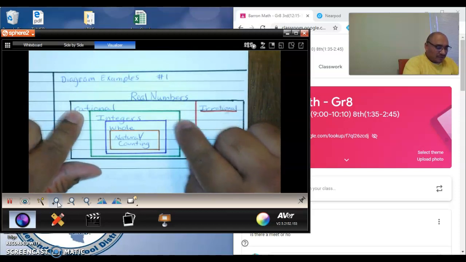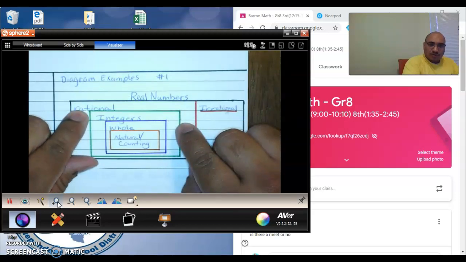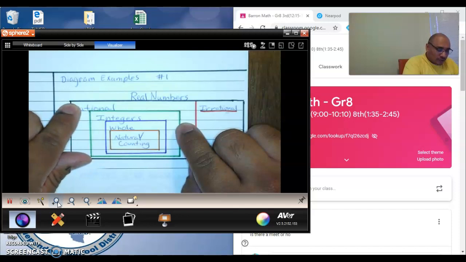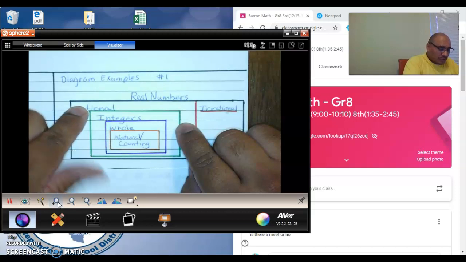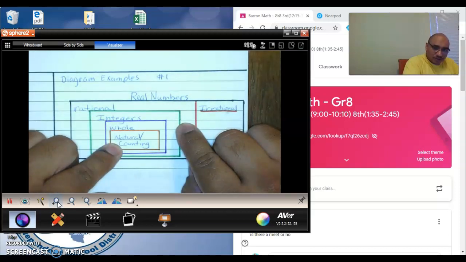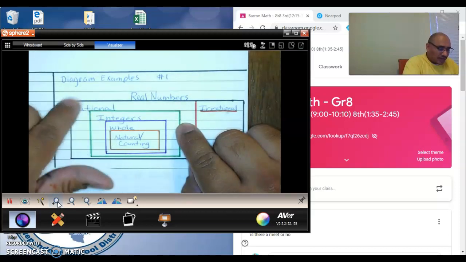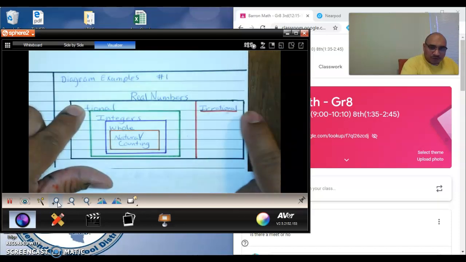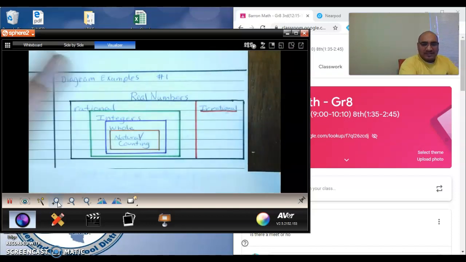Then you have the subsets of rational numbers. Well, integers are rational. Whole numbers are integers and rational. Natural counting numbers are whole, integers, and rational. However, irrational are by themselves. They are not one and the same. They are part of a different group.